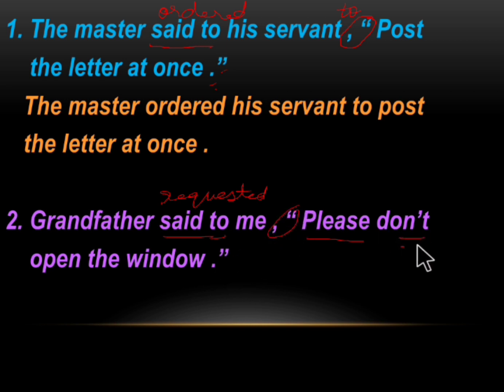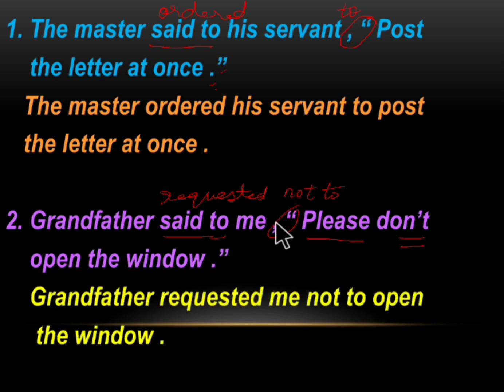Here we have "don't," which is the negative word, and since it is negative, we use the connector "not to." Now let us see the indirect speech. Grandfather requested me not to open the window. We have used "not to" and we have used "requested" because "please" is used in the given direct speech.